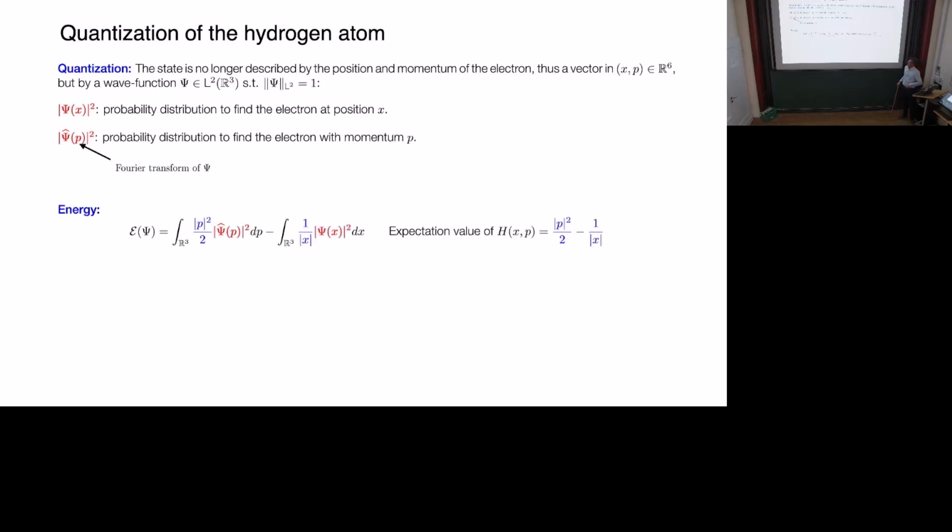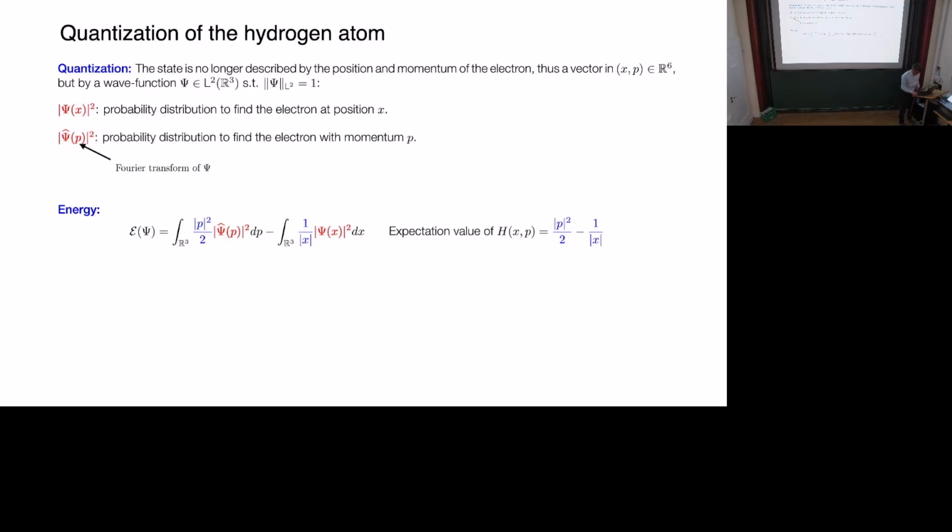Then you can take the classical Hamiltonian and take the expectation value. I'm taking the expectation value of the kinetic energy times the probability of the electron having this value, and the same with the potential.